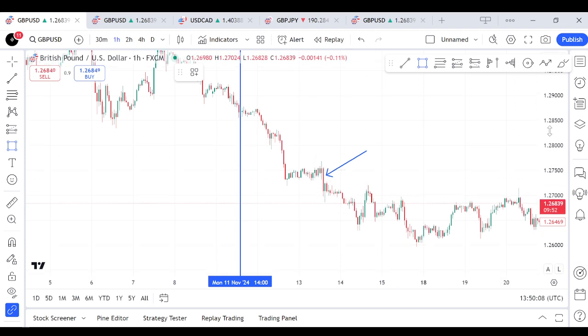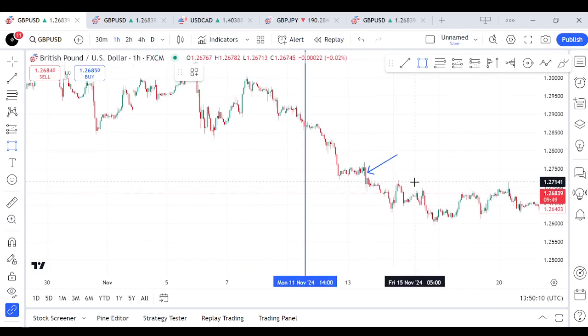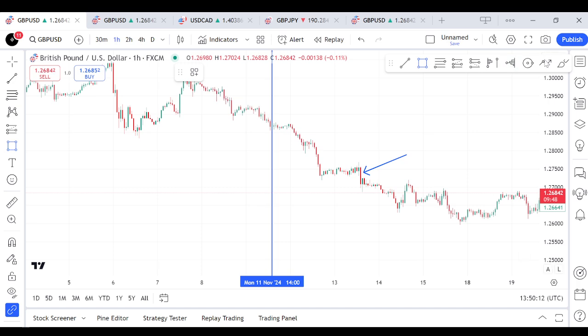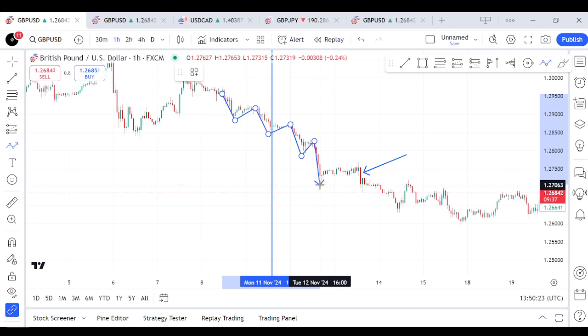Combining that with technicals, you can see we have been bearish, and price has been giving us a series of drop base drop right here. If you don't understand drop base drop, you can check some of our videos. We've done some videos on that. You can see a series of drop base drop, and we were just rounding up this base before we had that CPI, and it's expected that price should drop after the base.